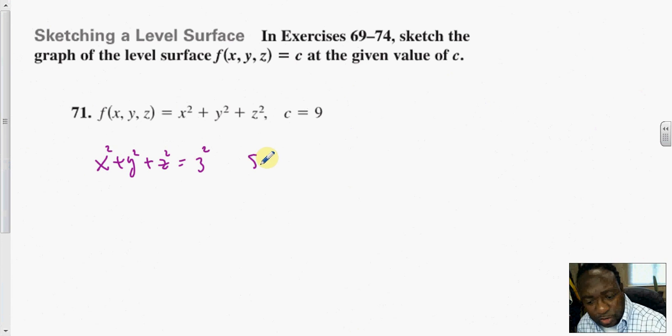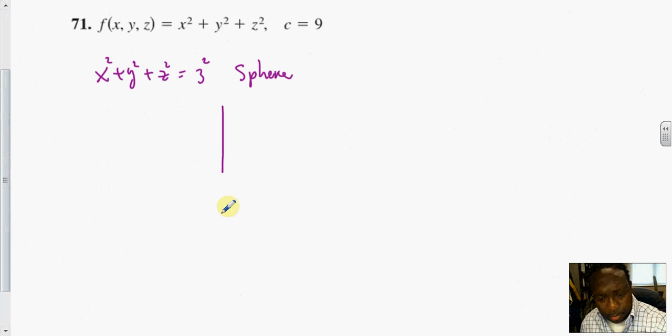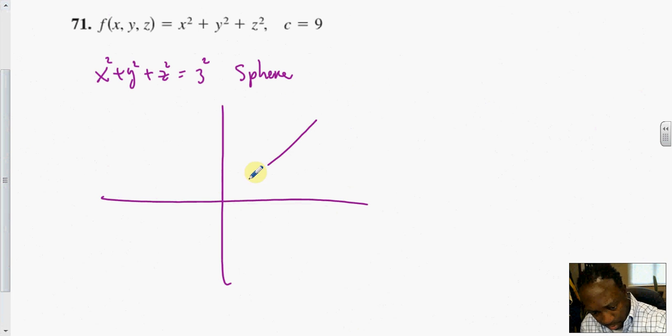So it's just a sphere. It's a sphere with radius 3.